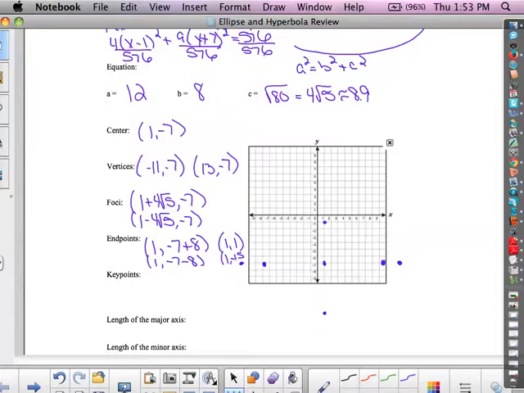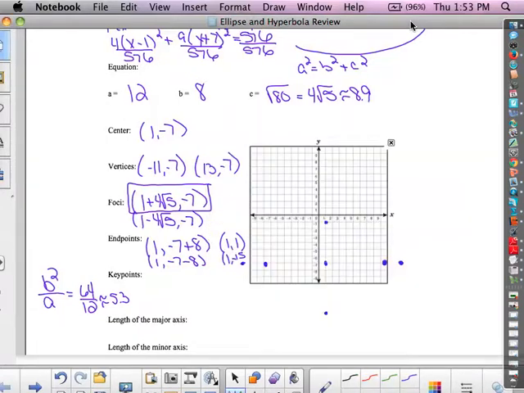So then you have to go to your key points. Key points are found by b squared over a, and that is 64 over 12, which is approximately equal to 5.3. To find the key points, you're going to go to your foci. So let's pick (1 plus 4 root 5, -7). So here I'm at this focus, 1 plus 4 square root of 5.